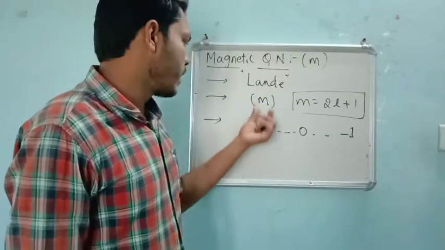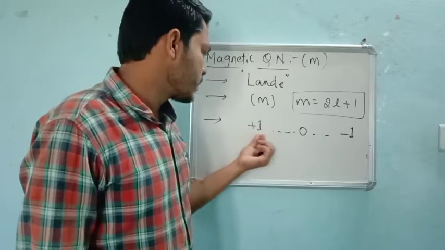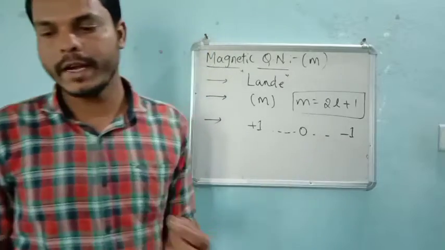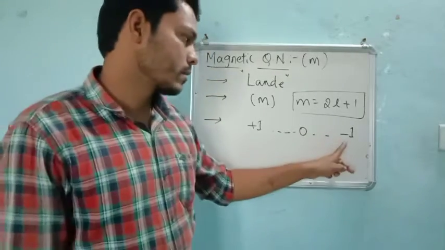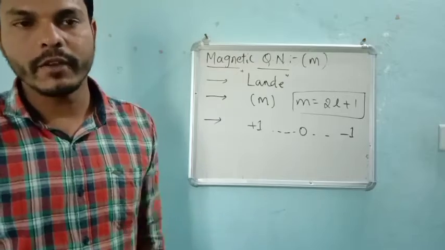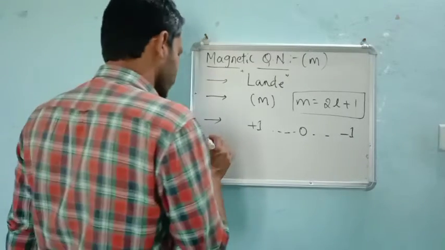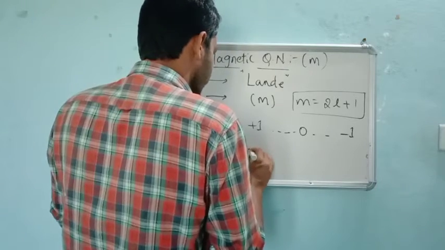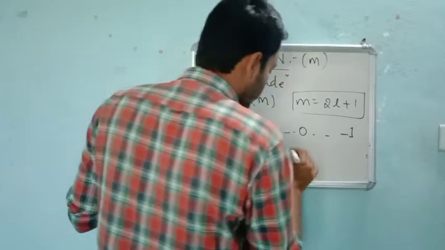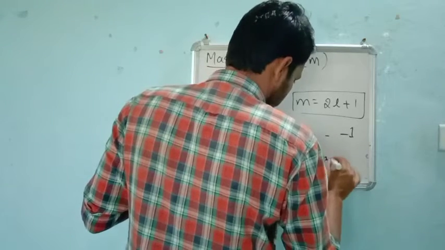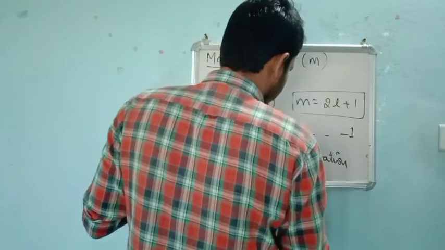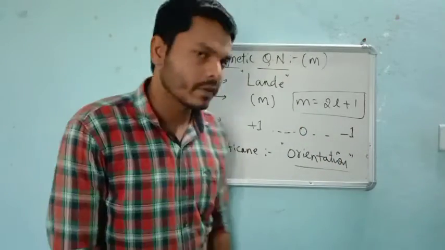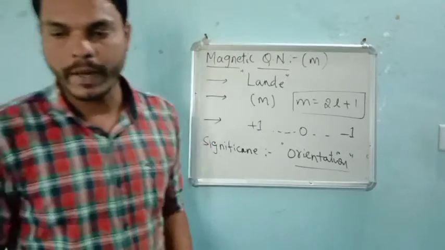So the m value always ranges over plus, 0 and minus. Understood? And its significance is orientation. It explains about the orientation, dear student. Don't forget this. So this is all about the magnetic quantum number.